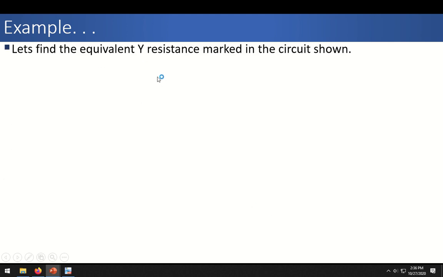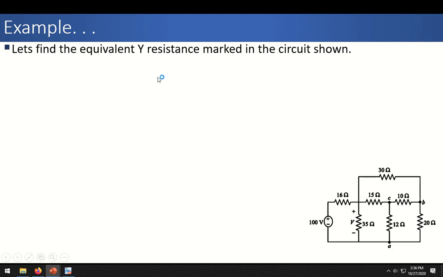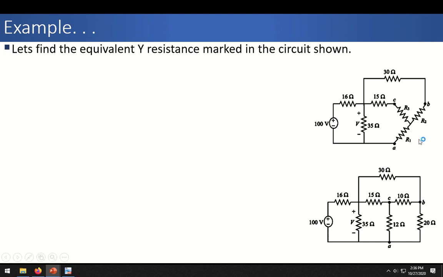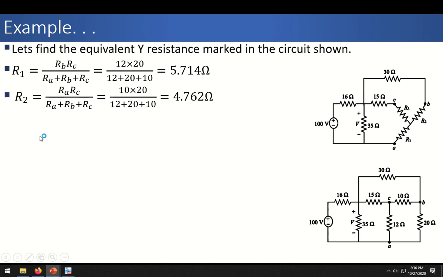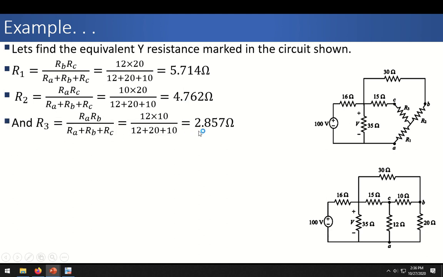Let's find the equivalent resistance marked in the circuit shown. Just like we want to find R1, R2 and R3. So we know that R1 is RB, RC divided by sum of the resistances. So this is actually 5.71. Similarly, R2 is 4.7 and R3 is 2.85 ohms.